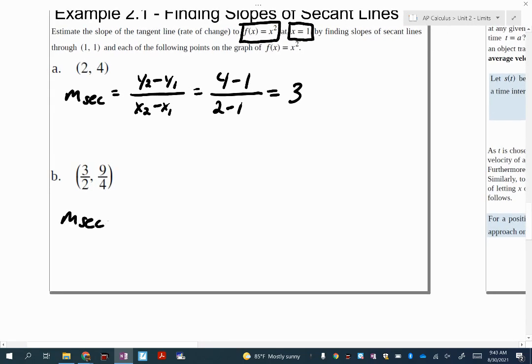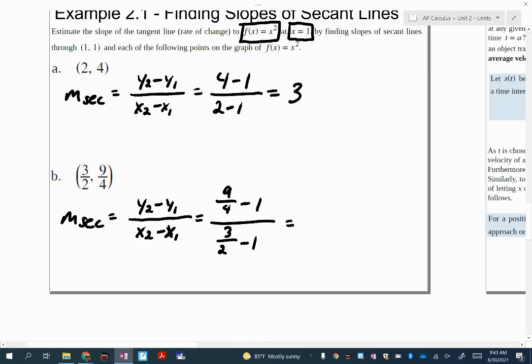So whatever this slope is should be a better approximation for our tangent line because it's closer to our point 1, 1. All right, so we have 9 fourths minus 1 over 3 halves minus 1, so 9 fourths minus 1 is 5 fourths, and then divided by 3 halves minus 1, which is 1 half.